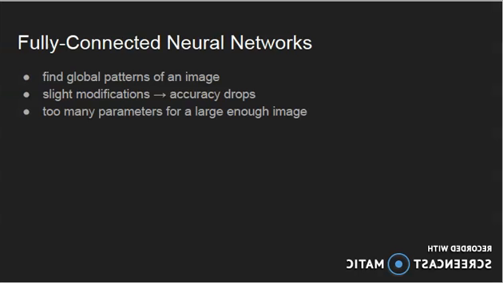Because of that, the accuracy decreases, and that's a very big problem. In a real scenario, for example digits, which are slightly different, because of the connectedness there are too many parameters for a large enough image.